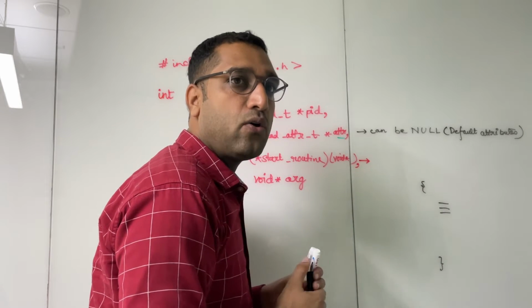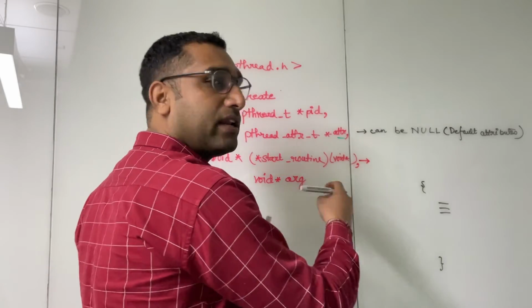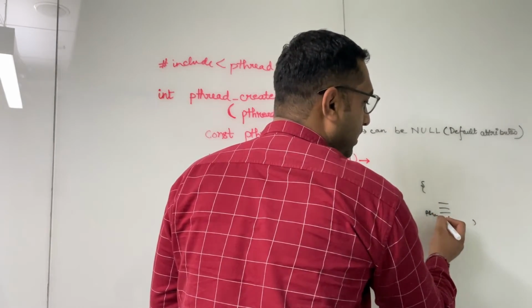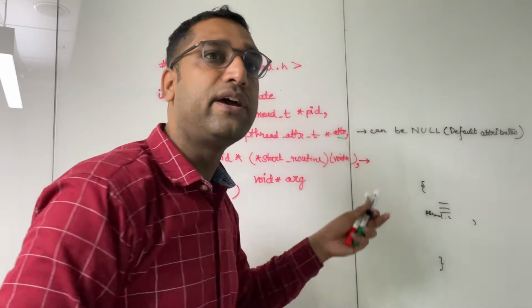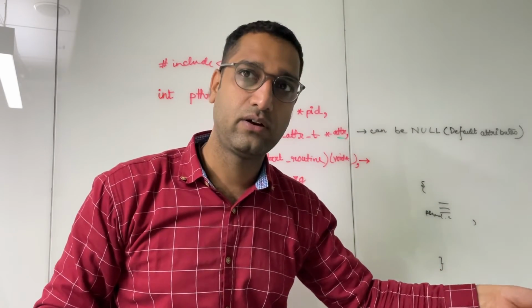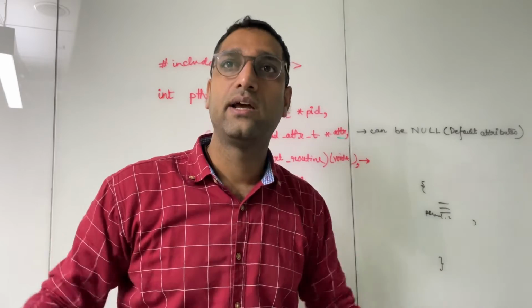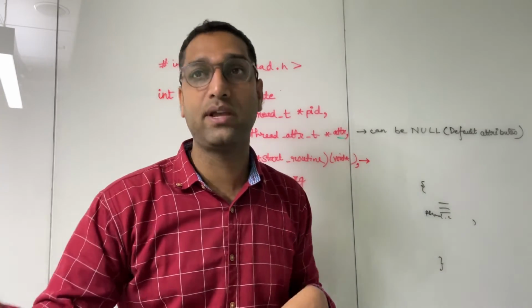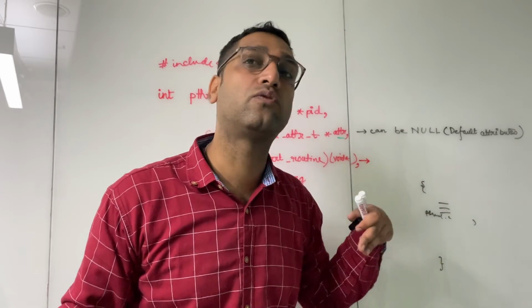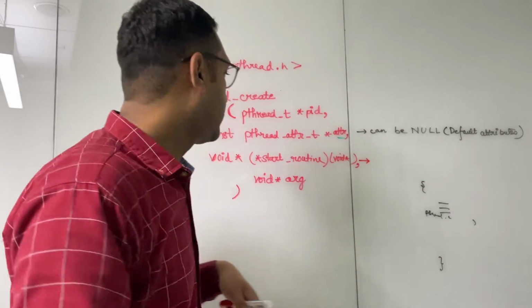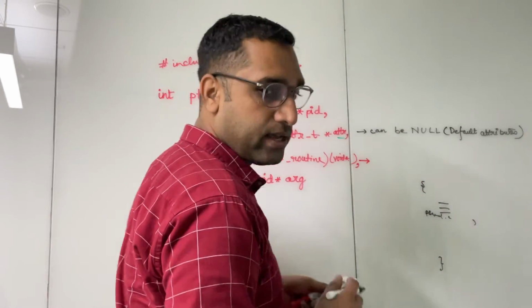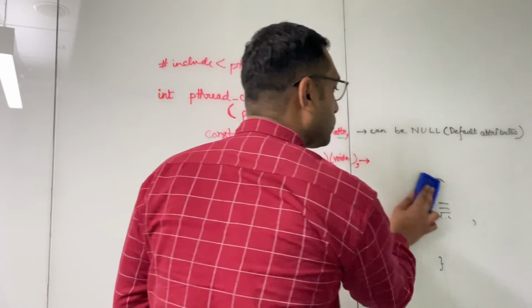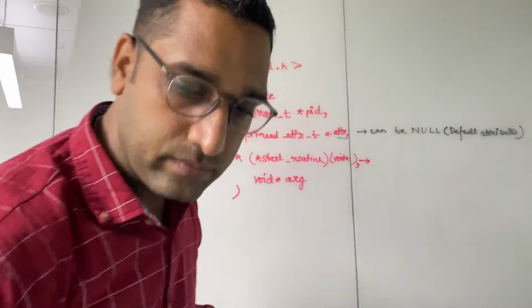You can create the thread here by using pthread_create, but how would you specify to this thread where it should start executing? It should also start executing like the main thread. The process, when you initiate, has to start from main. So this thread also has to start from some place, and start routine is that place. So here you give that particular function where it has to start execution.